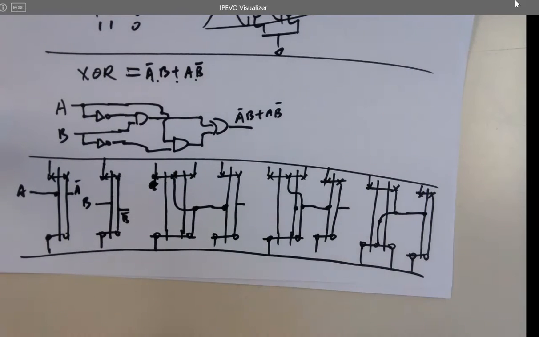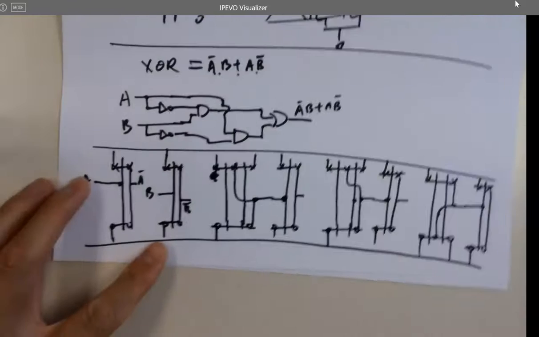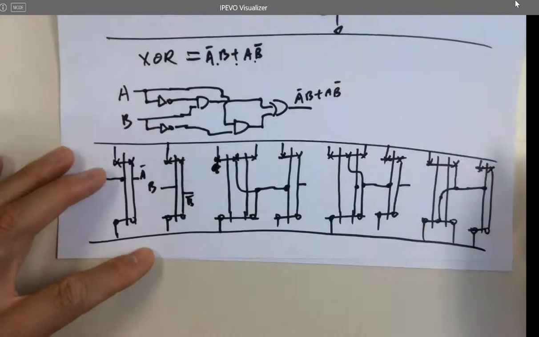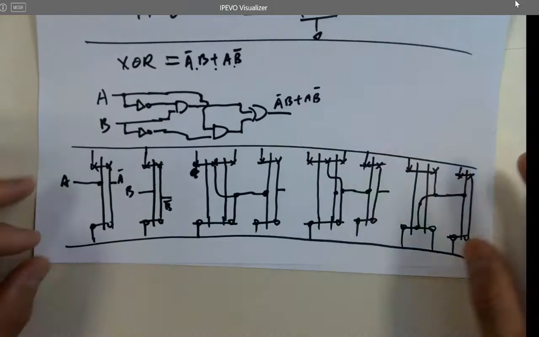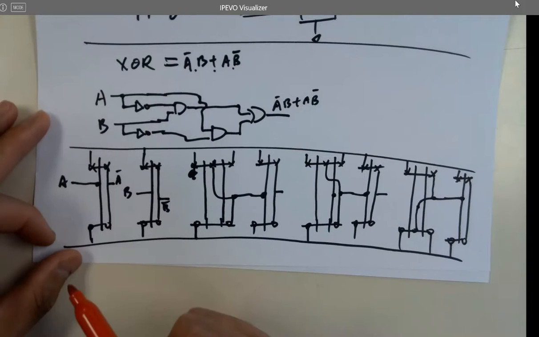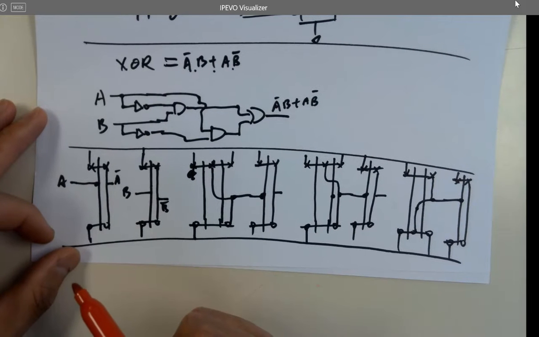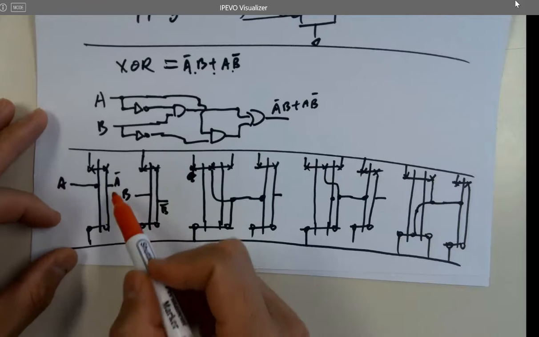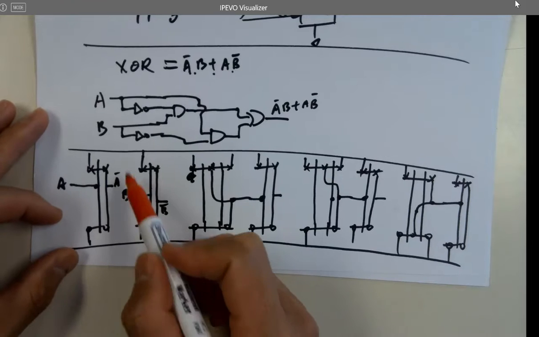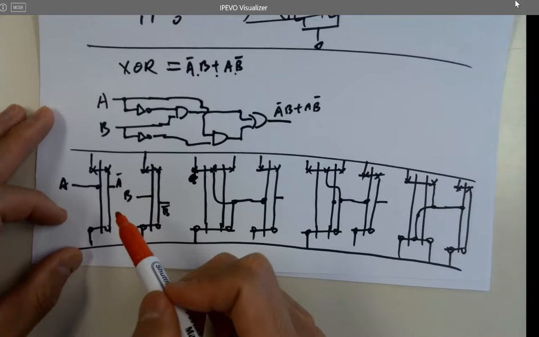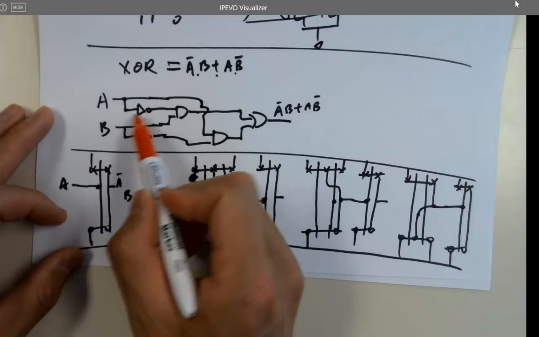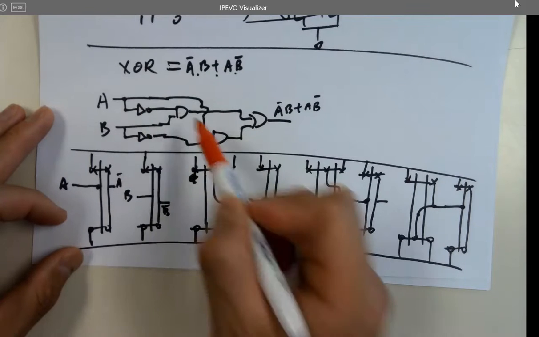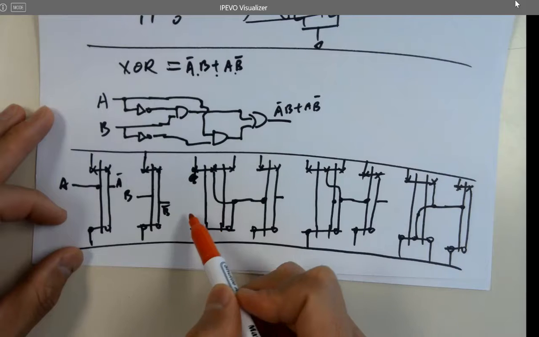Let's make the connections. I'm not consistent with the colors. Sorry for that. A, B, A naught. Wait, so A naught and B are going through the first AND gate.